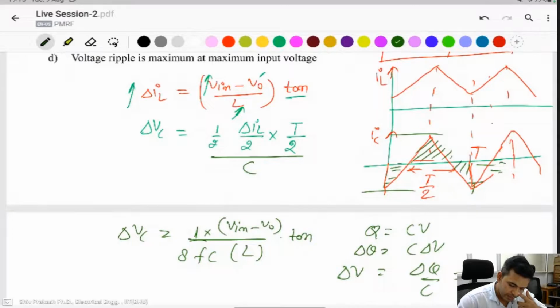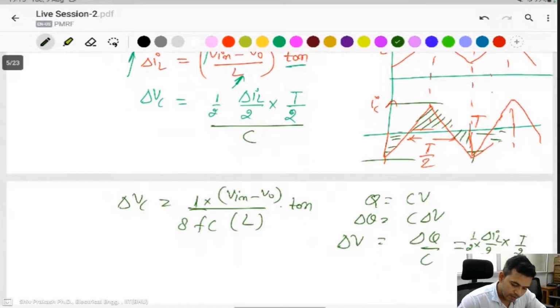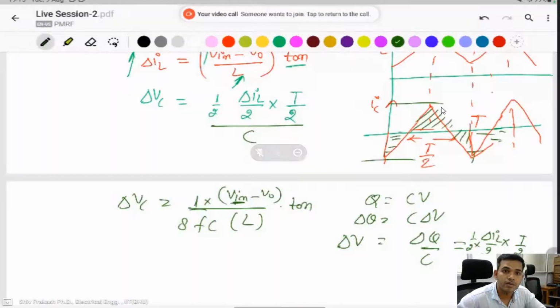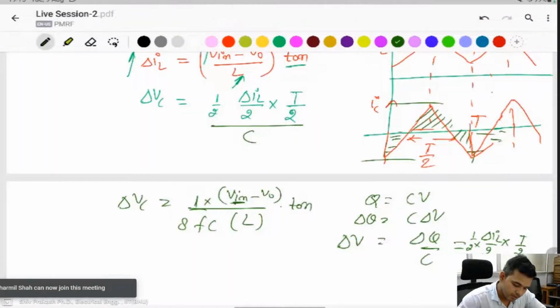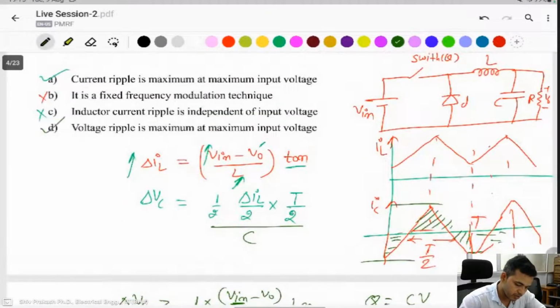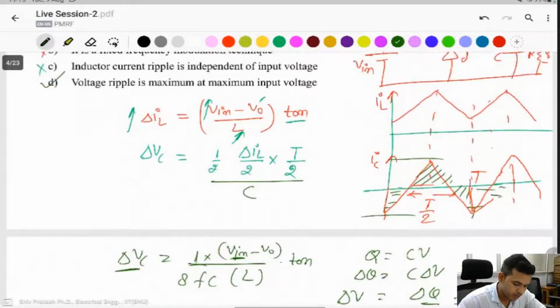We observe when the input voltage increases, then delta Vc also increases. That's why I think first and last both are correct in this question.